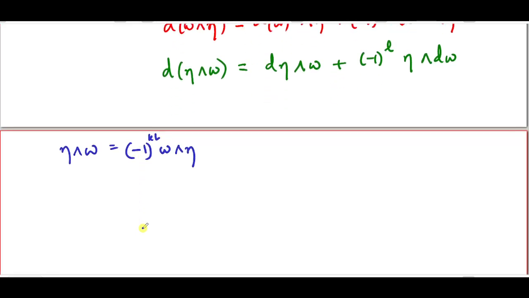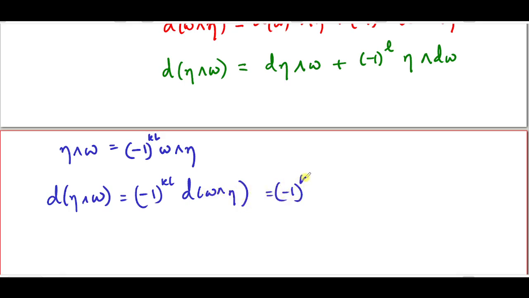Now, using this, let's try to figure out d of eta wedge omega from the d of omega wedge eta. So that's minus 1 to the kl d of omega wedge eta. That's minus 1 to the kl, omega wedge d eta plus d omega wedge eta, but there is a minus 1 to the k in this piece.